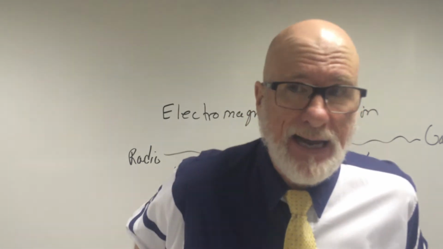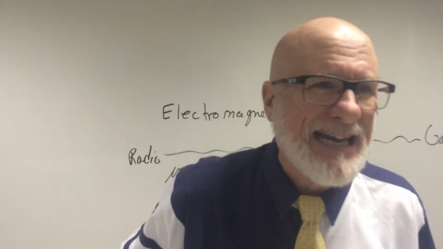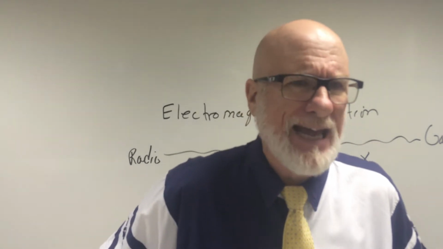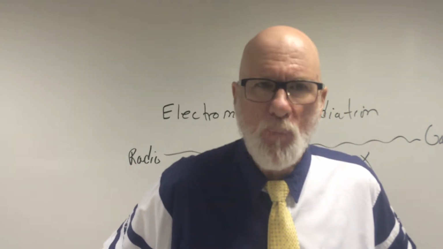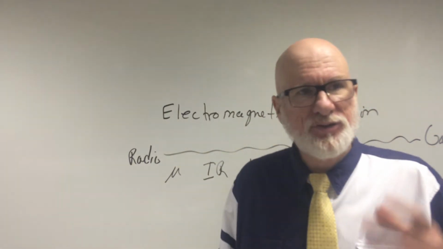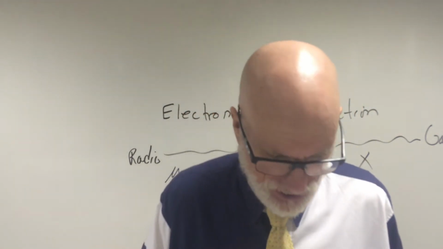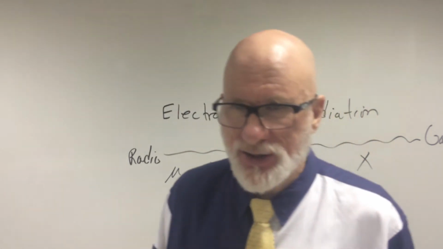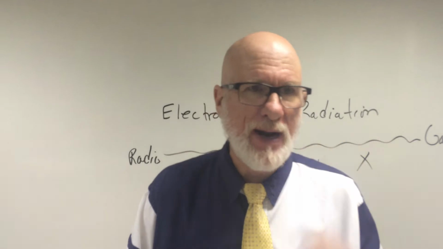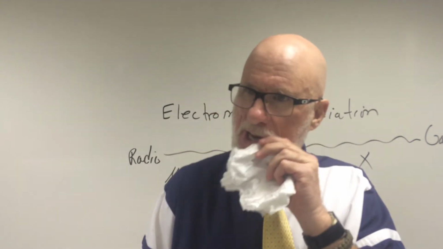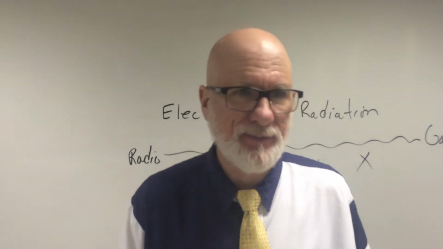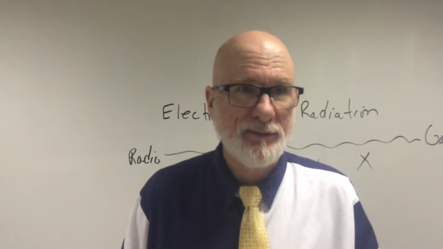It's called electromagnetic radiation. Why is it called radiation? Why isn't it called something else? Because of how it behaves. By direct observation, is the sun hot or is the sun bright?